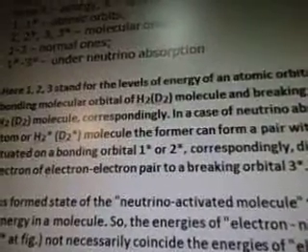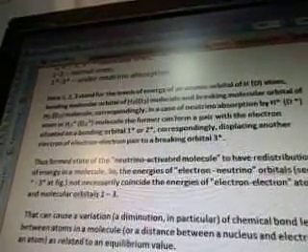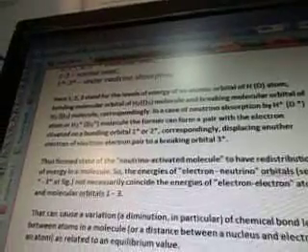Molecule, the former can form a pair with the electrons situated on a bonding orbital, 1 or 2, correspondingly displacing another electron of electron pair to a breaking orbital 3. If you know what this means, good. I don't know what it means. So the energies of electron neutrino orbitals not necessarily coincide with the energies of electron, atomic, and molecular. Okay, so they're comparing the two types of particles.